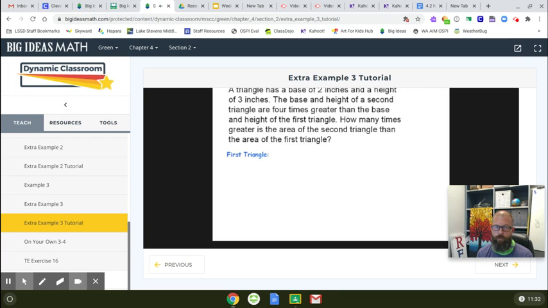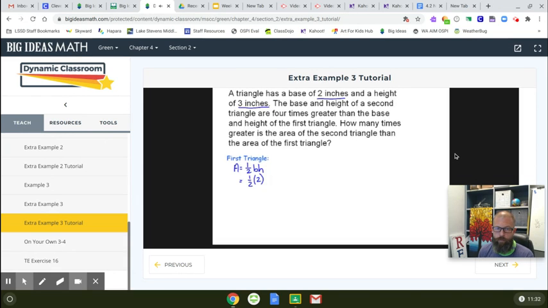We know that the base is 2 inches, so we can substitute that in for B. And we know that the height is 3 inches, so we can substitute that in for H. Now let's multiply. 1/2 times 2 is 1. 1 times 3 is 3. So the area of the first triangle is 3 square inches.